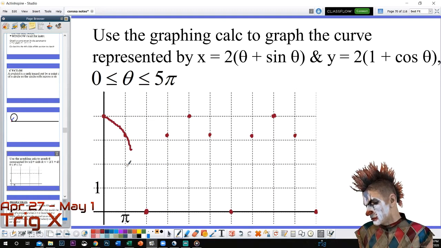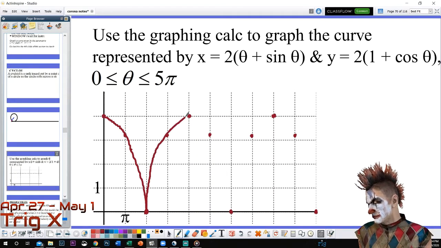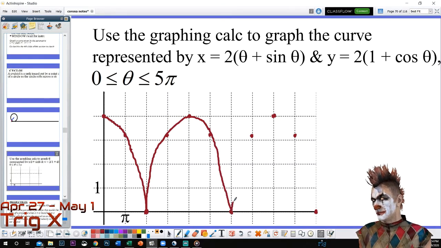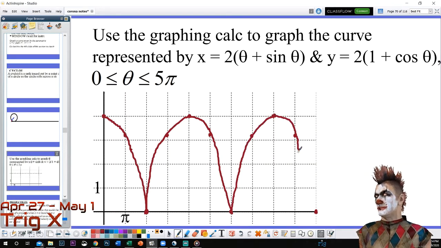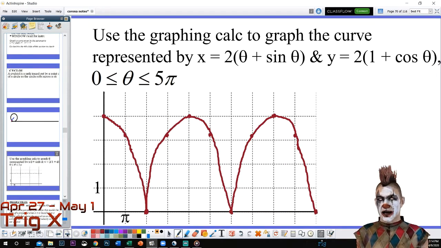So you're going to draw this, and then it'll come back up. You get this. This is so painful to have to draw on here. Alright, something to that effect. Oh, that drawing was terrible. I'm so sorry.